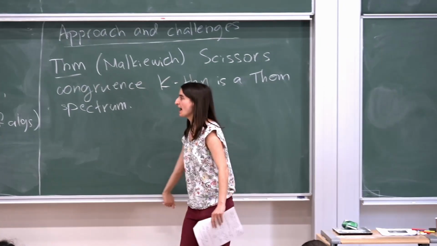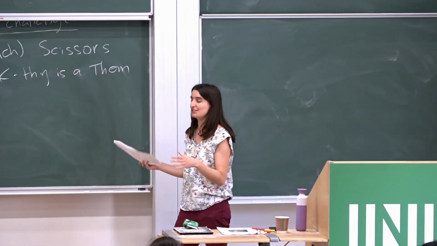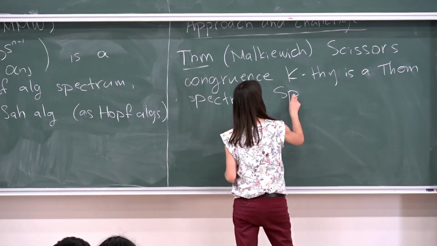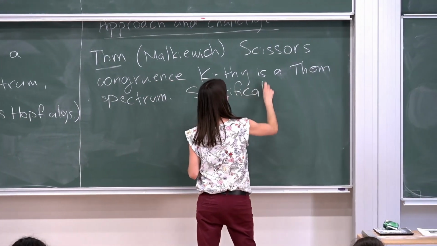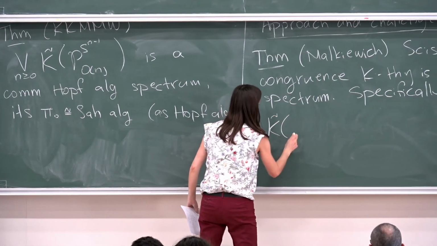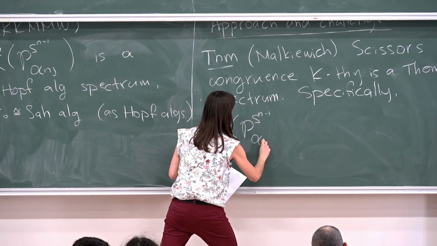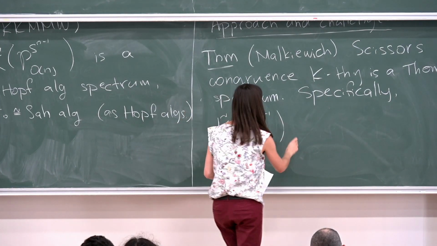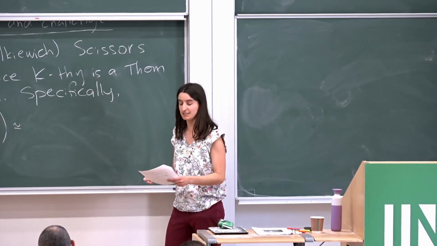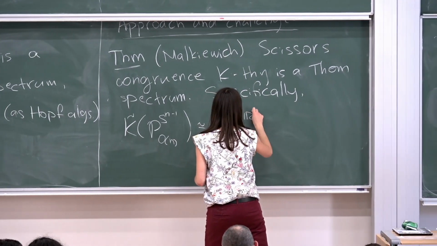And not only that, the description is even nicer in the case of reduced spherical scissors congruence K-theory. So specifically, if I look at the reduced spherical scissors congruence K-theory of S^{n-1}, this is equivalent to some desuspension spectrum that I will soon describe in terms of.